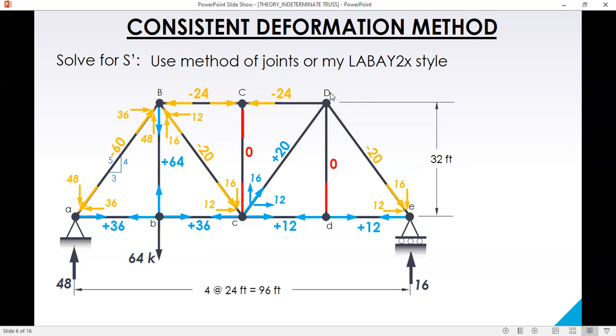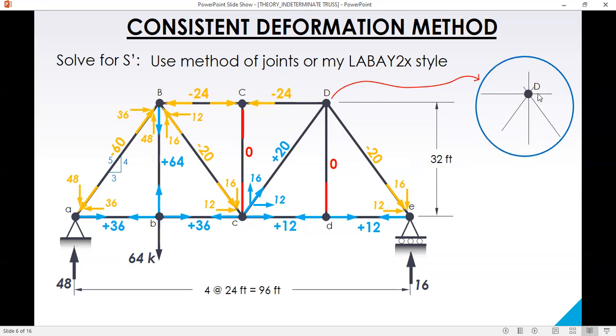And the magnitude of this member is 20. Now, another checking is we use joint D. At D, we have this one, 16 and 12 compression, and then 24 here, compression also, and then this one, 16 and 12 tension, and then 0.